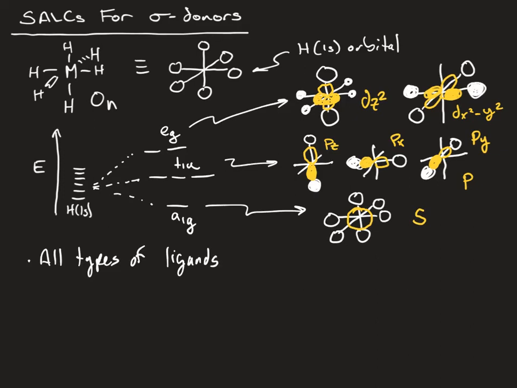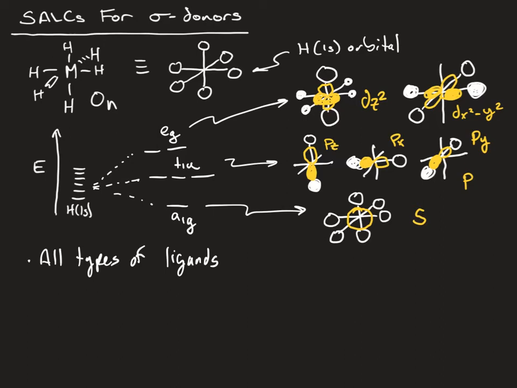Almost all ligands can bind to a metal center in a sigma type fashion, and the types of ligand-based orbitals that can bind in a sigma-type fashion in OH symmetry will all form these types of SALCs.